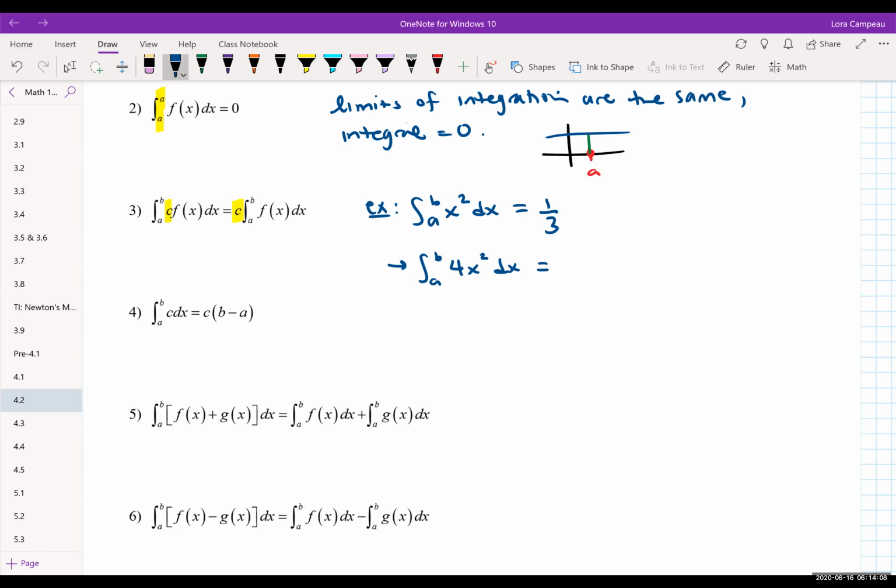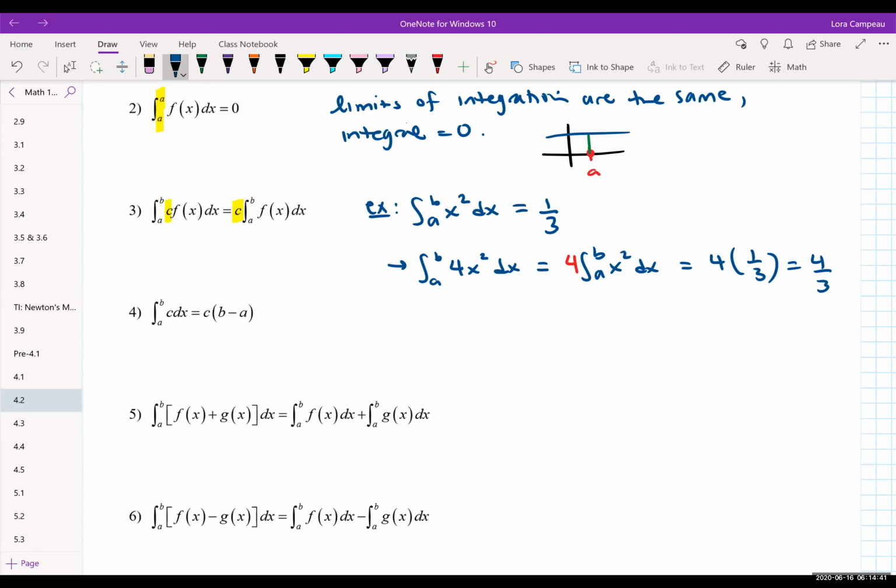Your property would say, hey, no problem. All we have to do is pull out the constant, kind of like what we did with the derivative, because we are dealing with the integral right now. And then you would just take the integral like you know and love, but we already know it's 1/3. So we end up having 4/3 as the answer. So factoring out a constant, kind of like what you already feel comfortable with.